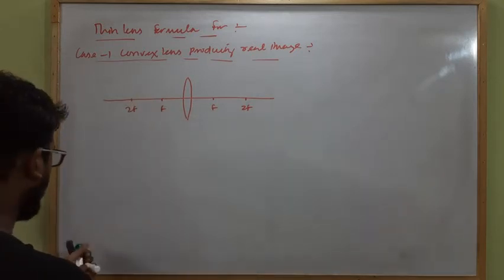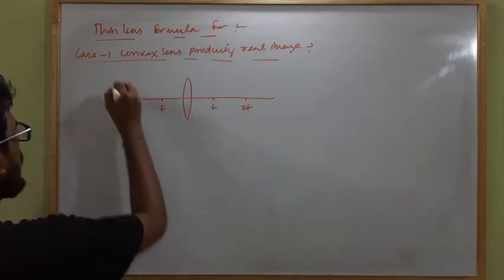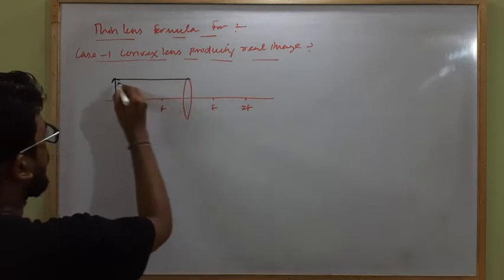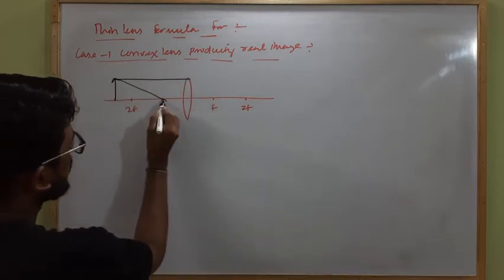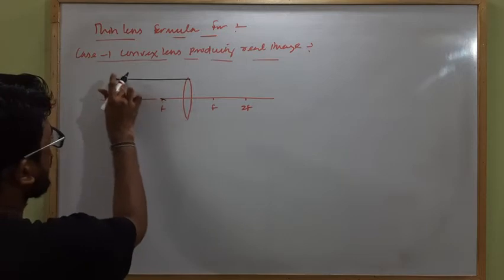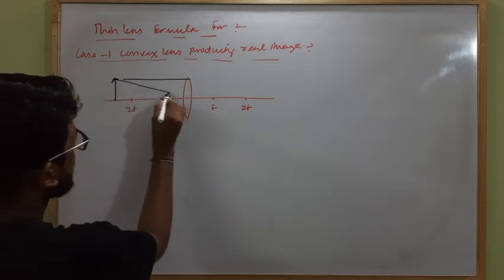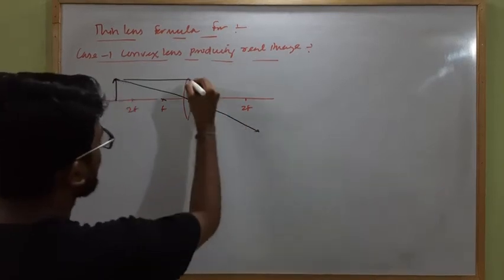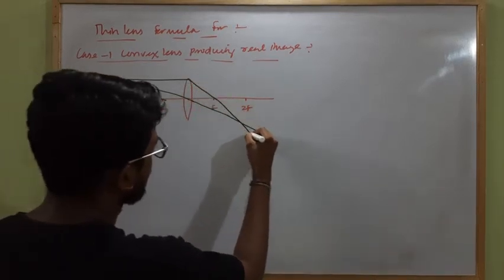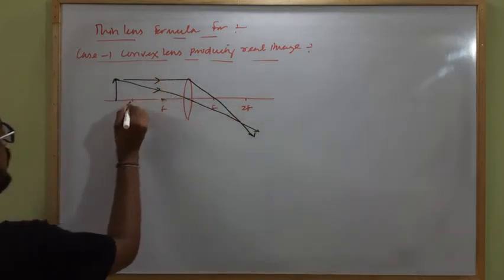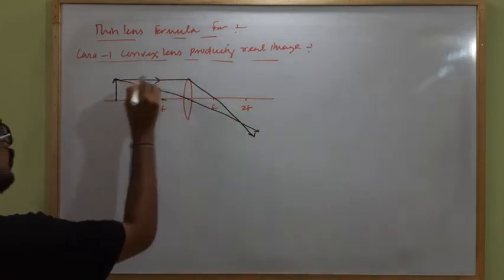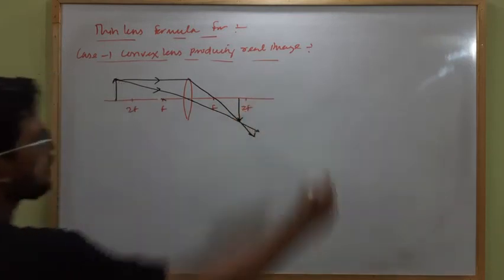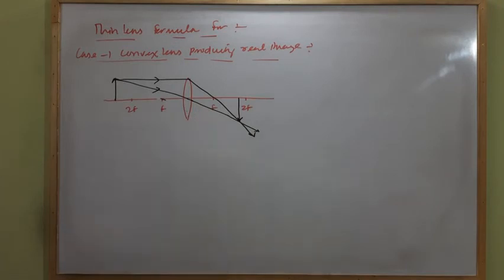We already know that if there is an object which is beyond 2f and minus infinity, it will form a real and inverted image, which will be formed in between f and 2f, because the object is beyond minus 2f and minus infinity, so its image will be between plus f and plus 2f. So here is the image. This is real and inverted.